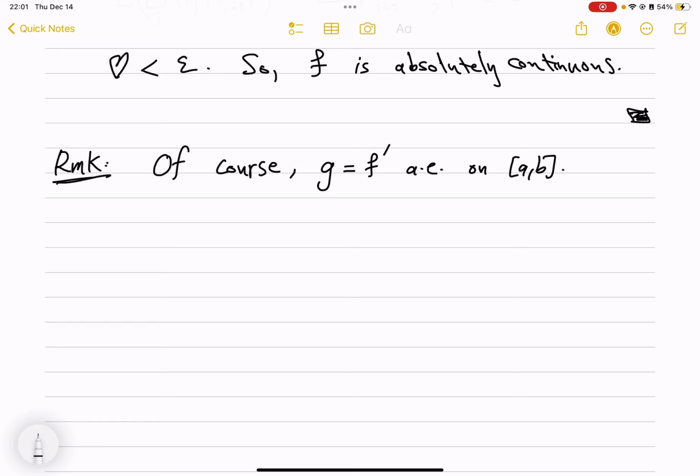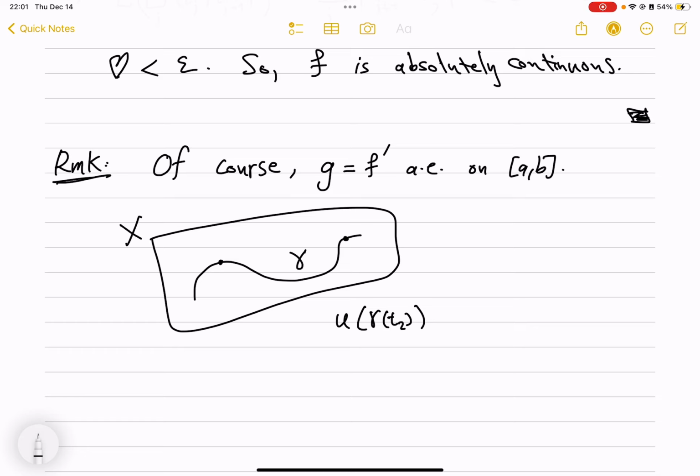And the reason I actually made this a separate video is that when we talk about Newtonian Sobolev functions, we will say that there exists a Borel function along this curve, so that when you look at the value of the would-be Sobolev function u at gamma of t2, where gamma is the curve in your space X, and u is a function from X to R, you would want the behavior on curves to be governed by this.